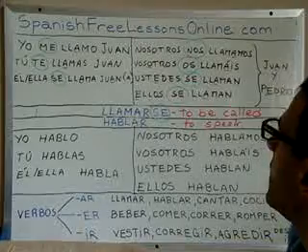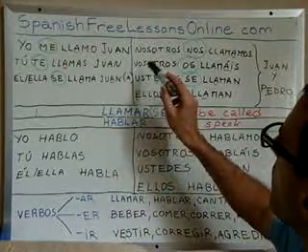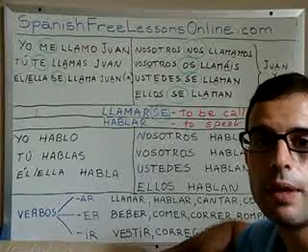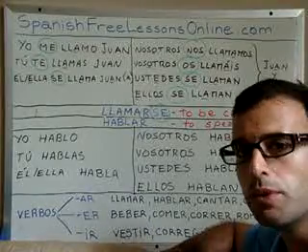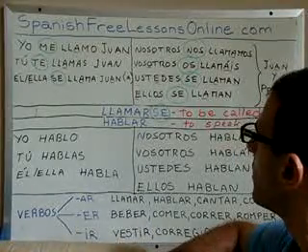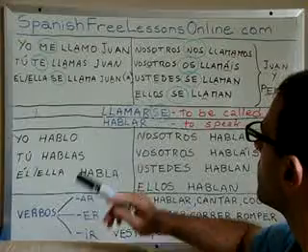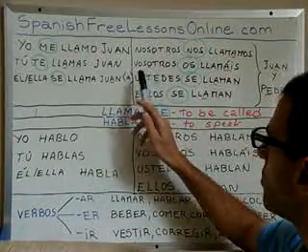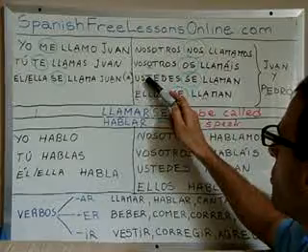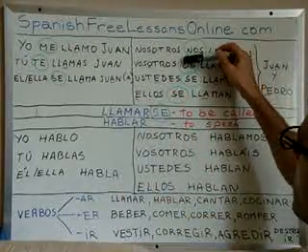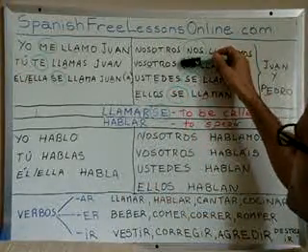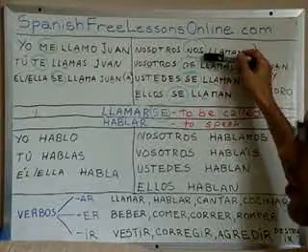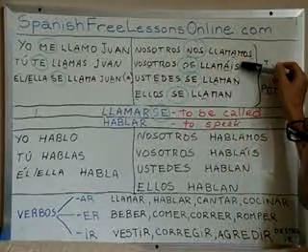So, now look at this. Vosotros and ustedes mean the same thing, you plural, right? However, depending on which one you use, you can see that the indirect object pronoun changes, and also the conjugation of the verb is different.